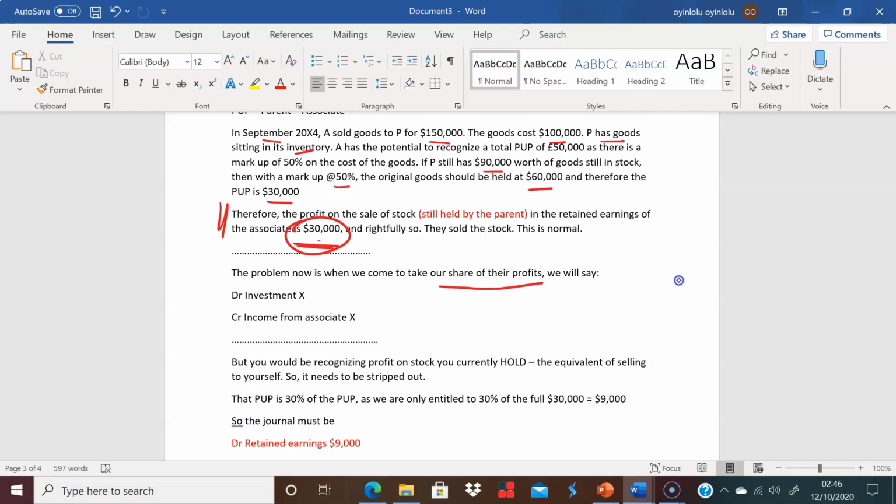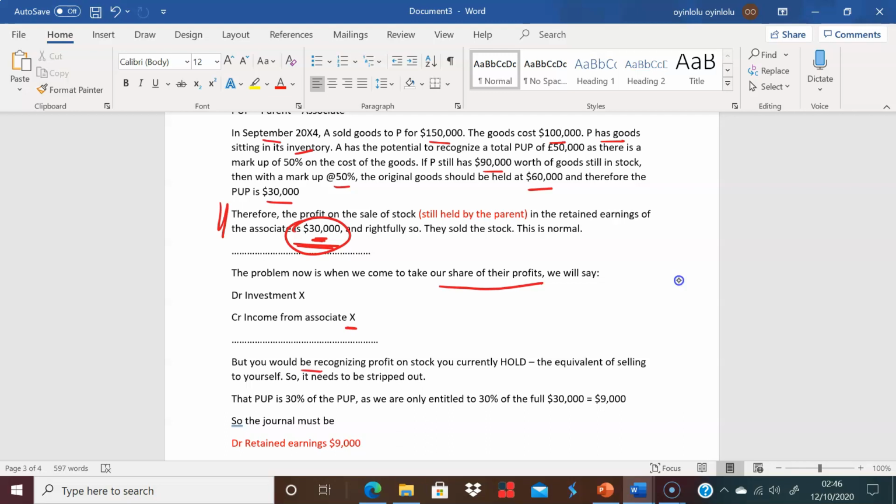But the problem is that some of the income you're receiving relates to stock you are holding. You're only recognizing 30% of that, by the way. That's the point. In this income, there's profit related to stock you're holding, and you cannot sell to yourself.